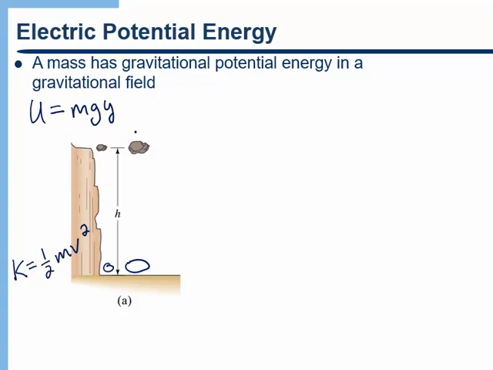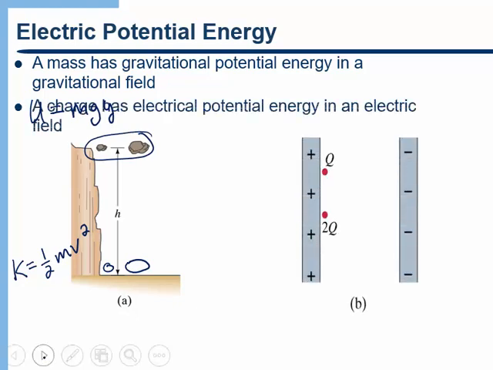Okay, so we know these objects have gravitational potential energy because if we let them go, they're going to fall. They're going to do something. Well, in the very same way, we know that these objects have electrical potential energy because if I take a positive charge Q and I let it go in between these two oppositely charged plates, we know that that charge is going to accelerate in that direction.